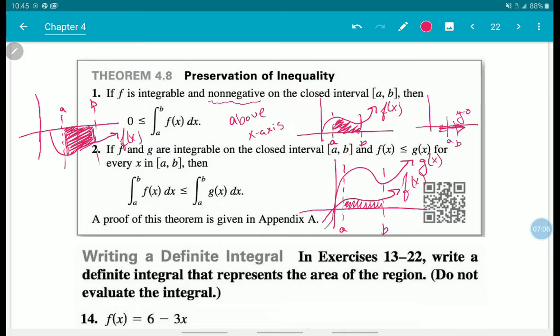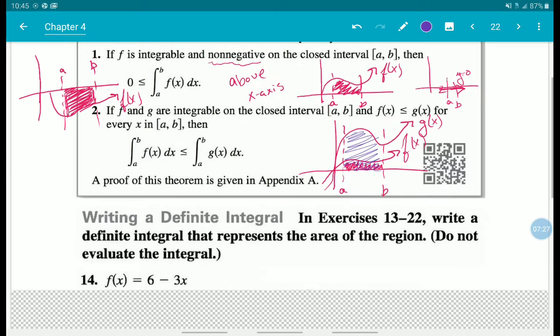That just means that that function lives under g of x. If you look at the area under f, we can see that that would definitely be smaller than that total area under g. So that's really all that part of that theorem is saying.